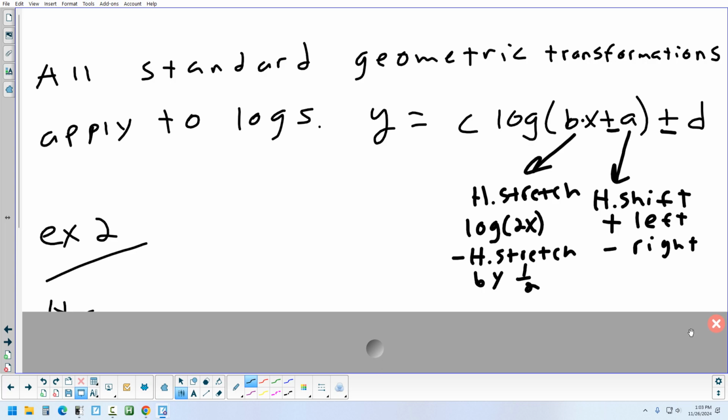What if I had log 1/3 x? That's a horizontal stretch by 3. Again, you might think 1/3 is a smaller number, so it makes it smaller, but it doesn't. The horizontal is always backwards. The vertical is not.